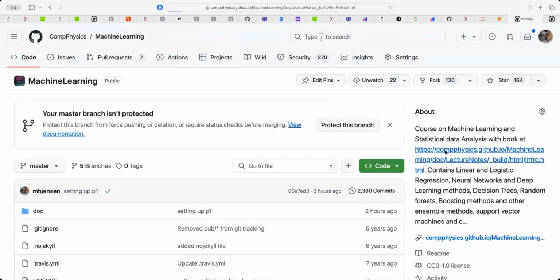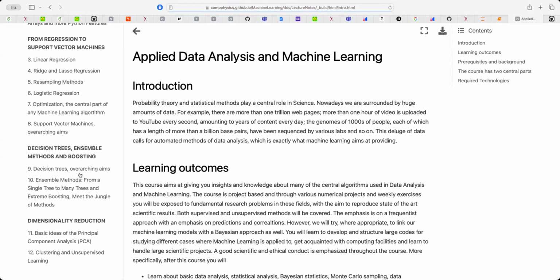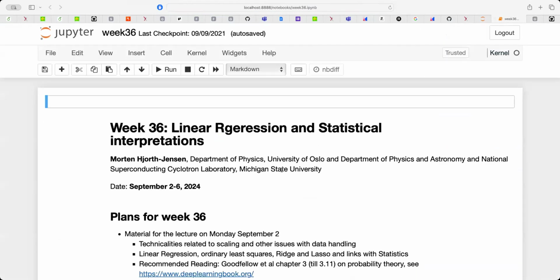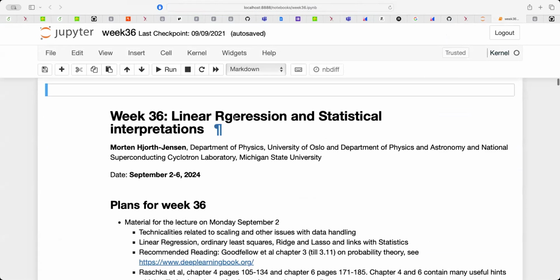If you scroll down here, you will find the weekly material for week 36 and the exercises for week 36, as before. Okay, so the aim today, whoops, there's a typo here. I didn't see that one, regression. It is an E which has interchanged the place. I didn't see that before now.